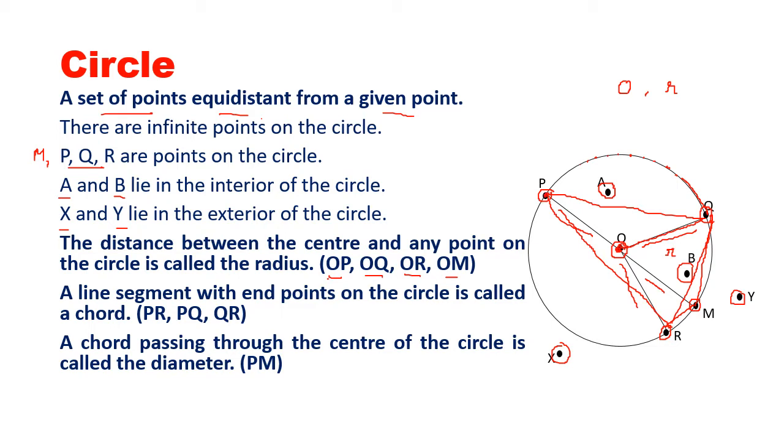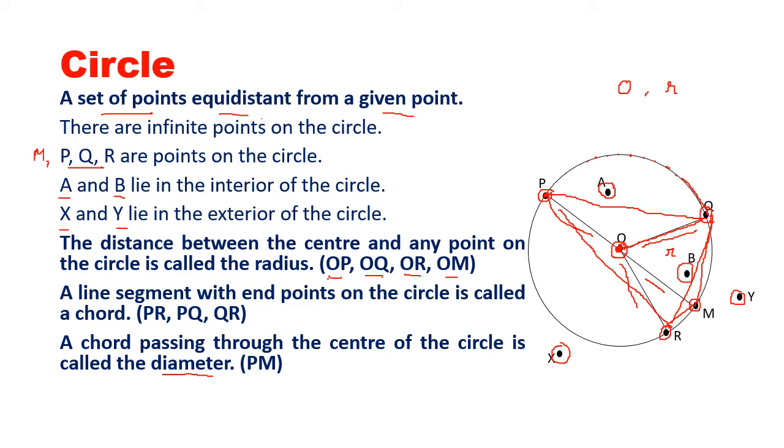Now if the chord is passing through the center, then that chord is called the diameter. So there are so many chords on the circle: PQ, QR, PR, RM, MQ and so on. But there is only one chord which is passing through the center. That is PM. So PM is also called the diameter of the circle.